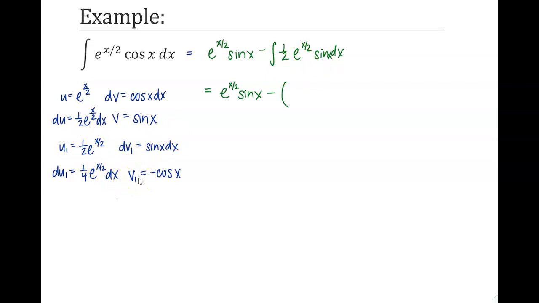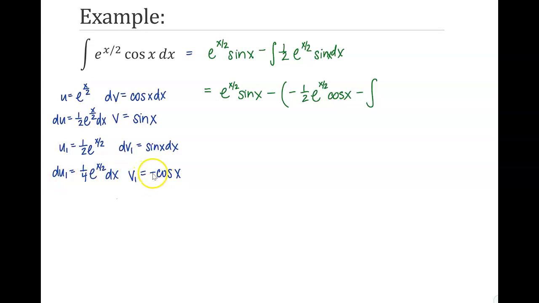So we're going to have negative 1/2 e to the x over 2 times cosine x. So I'm multiplying here diagonally. And then minus the integral of v du, or in this case v1 du1, so multiplying across horizontally here.